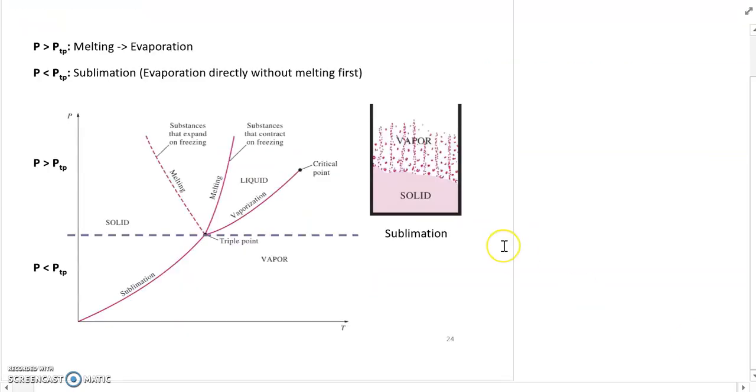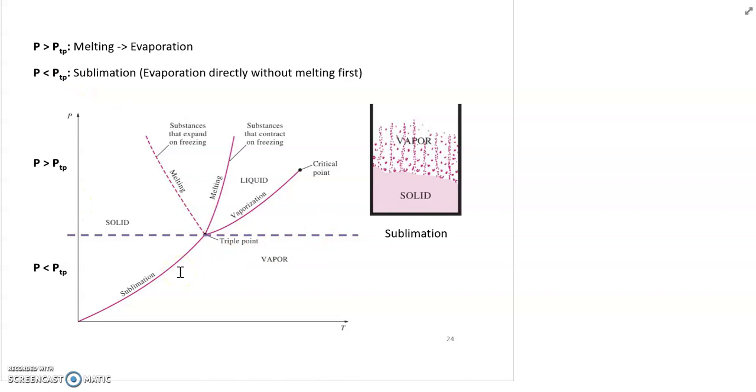Let's look at this last slide here. There are two ways a substance can pass from the solid to the vapor phase. No substance can exist in the liquid phase in stable equilibrium at a pressure less than the triple-point pressure.